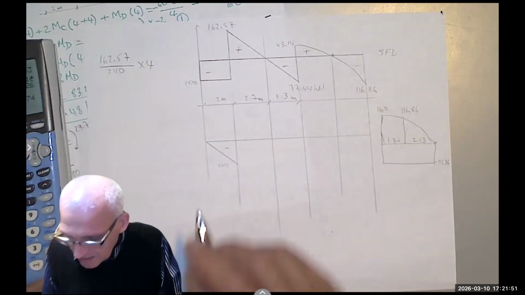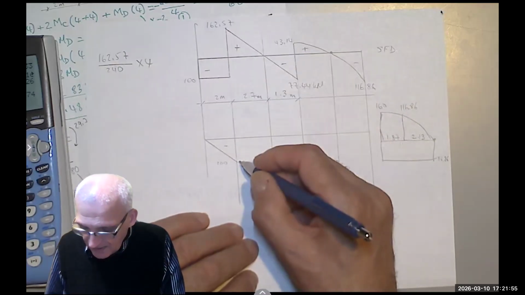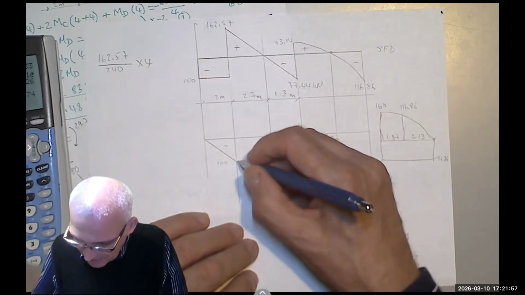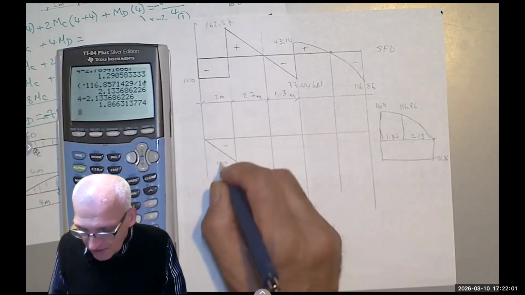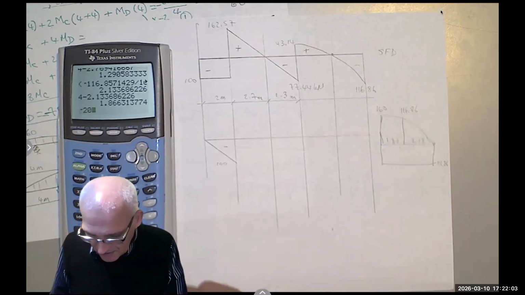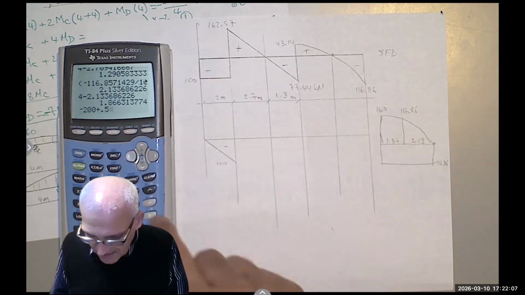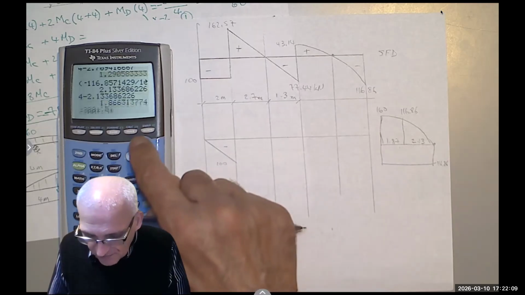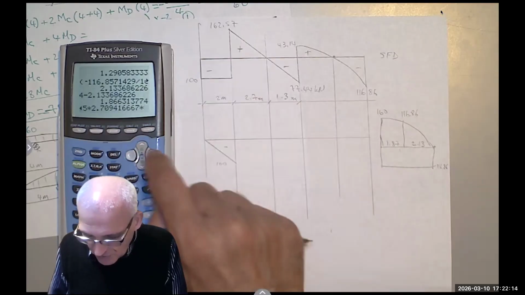Now, in order to increase, let's calculate the value. So I am at negative 200, right? Negative 200. Then I'm going to add 1/2 times the base, which is 2.7 that we found here, times 162.57.